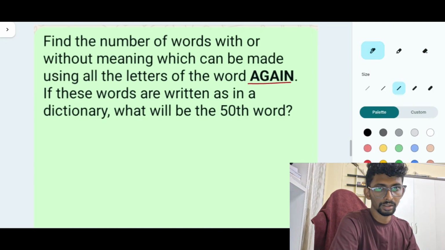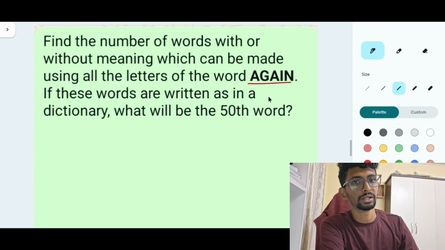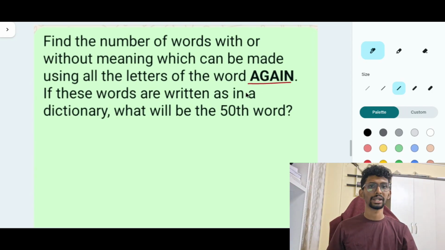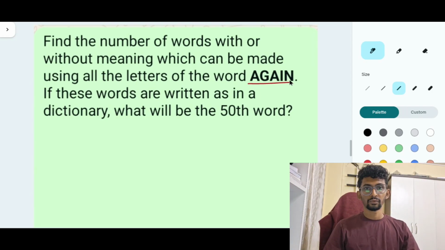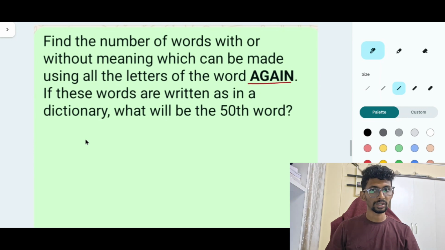Okay, so in a dictionary, it will be arranged alphabetically and the first letter will start with A. So from these 5 letters A, G, A, I, N, we can fix one A. Okay, so if I fix one A, the rest 4 letters we have to arrange.